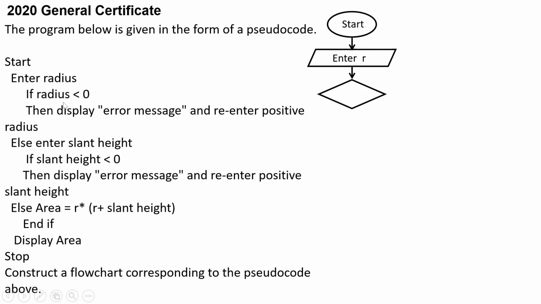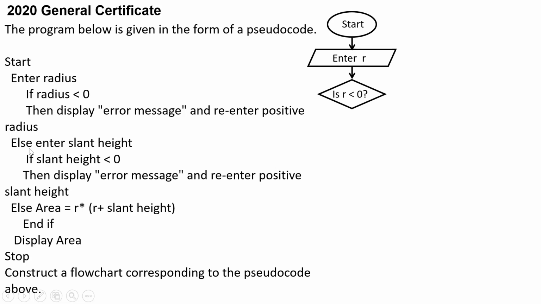Then this, if radius is less than 0, you say is radius, which is r now, less than 0? You're asking is r less than 0. Now there will be two answers. Then actually stands for yes.